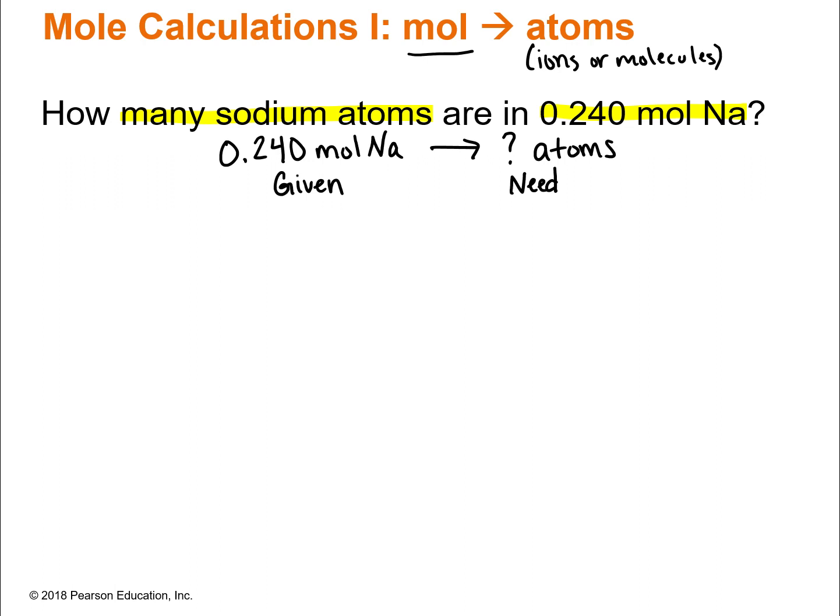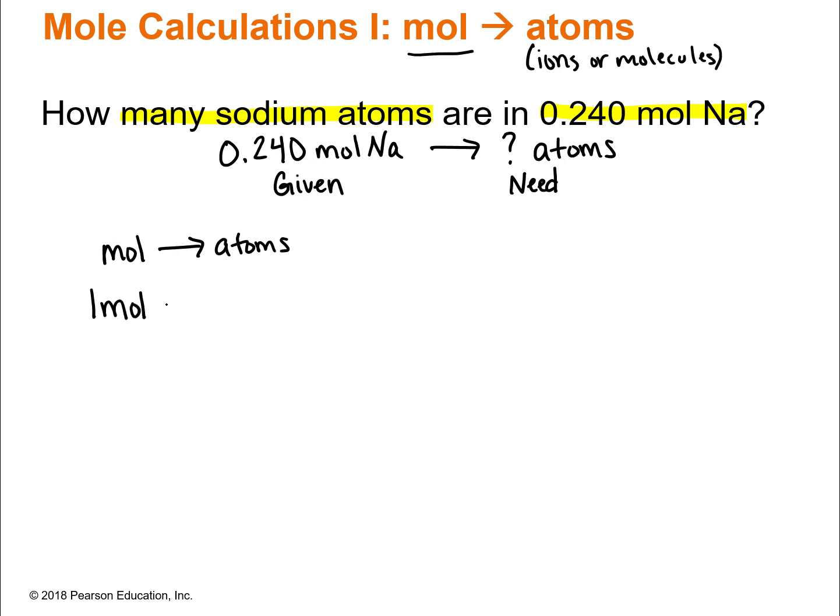When you see moles on one side with a number and atoms on the other, then it's a moles to atoms conversion. When you're going from moles to atoms, and again, this applies to ions and molecules too, you have to use Avogadro's number.